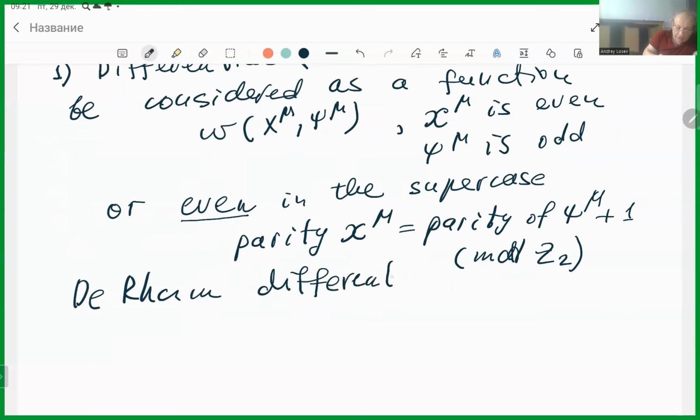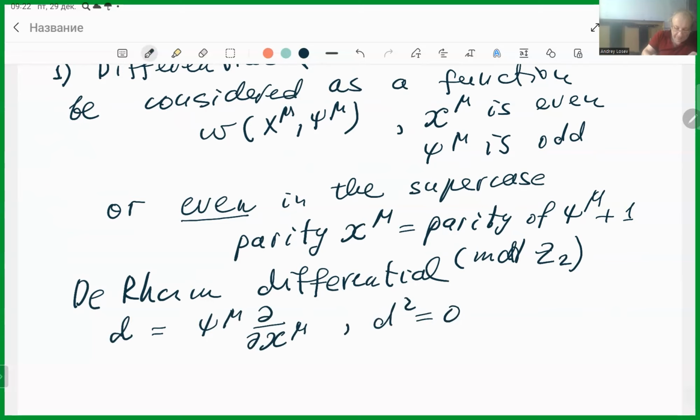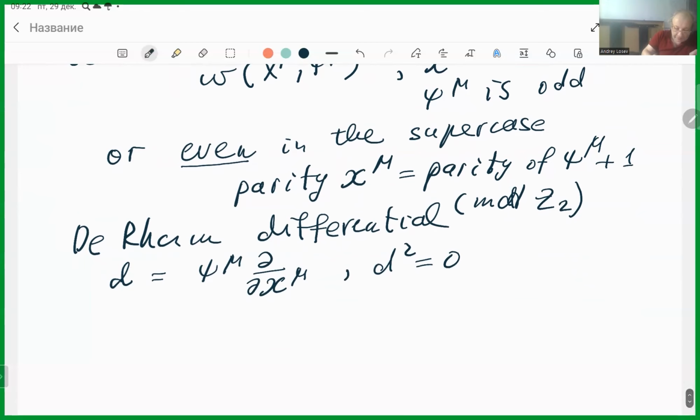The de Rham differential d is psi mu d over dx mu. Of course, d squared equals 0, and we say that d omega equals 0 means that omega is closed.